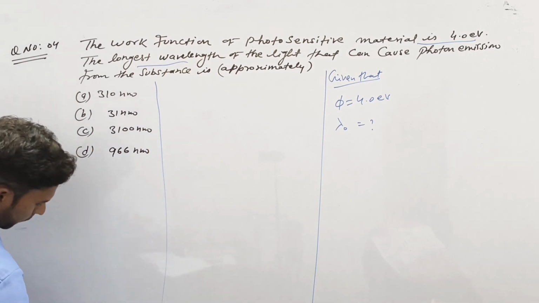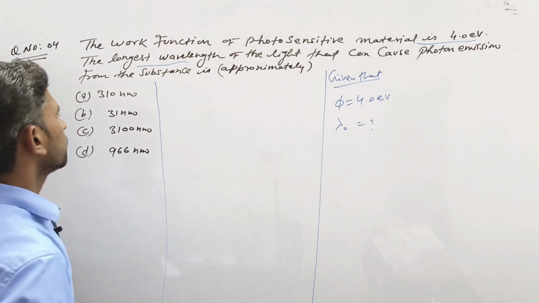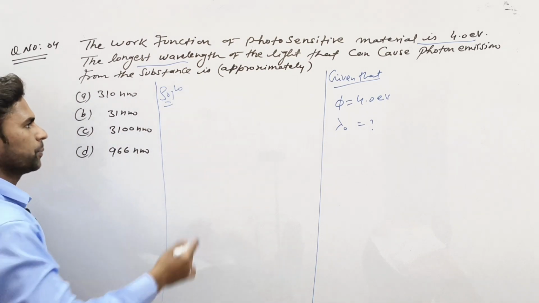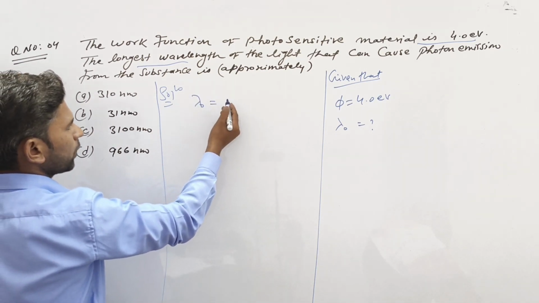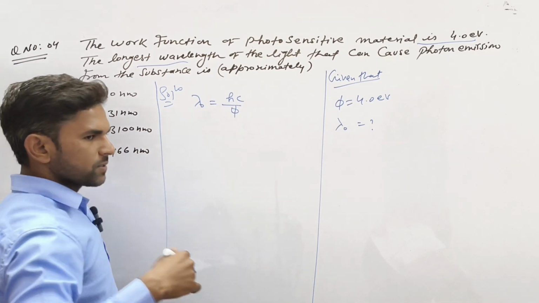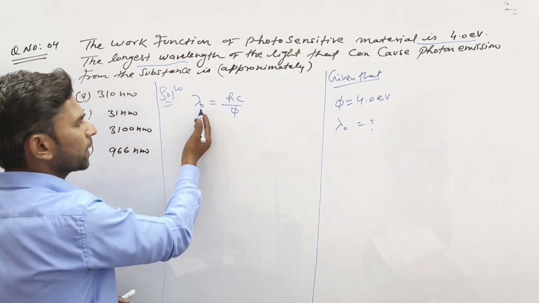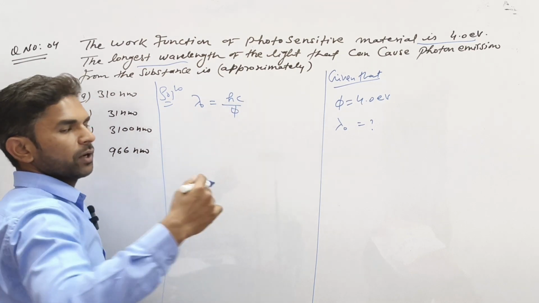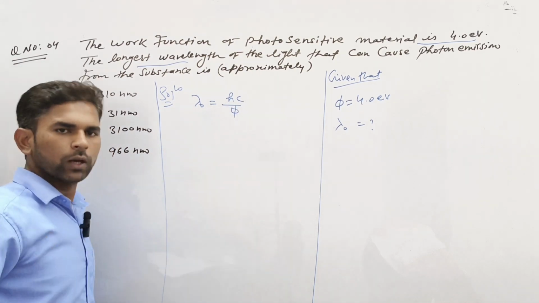Whenever you find a question like this, you apply this formula to find the longest wavelength: lambda naught is equal to hc upon phi. Lambda naught denotes the longest wavelength, h is Planck constant, c is the speed of light, and phi is the work function.